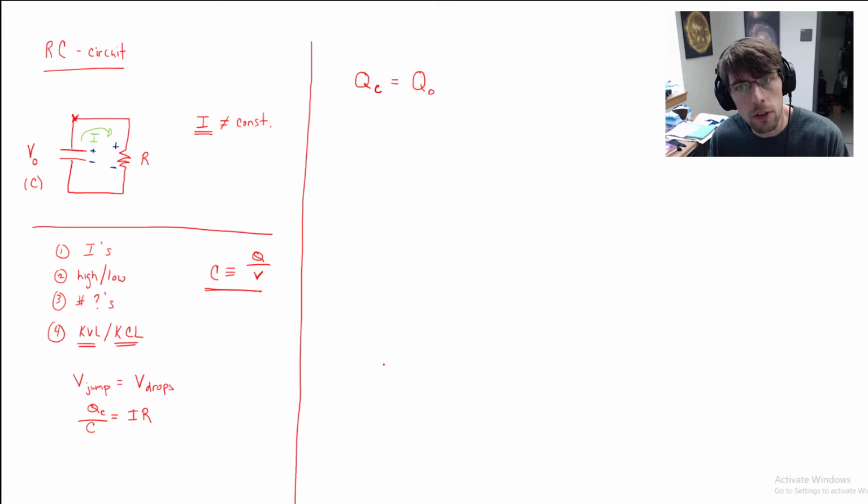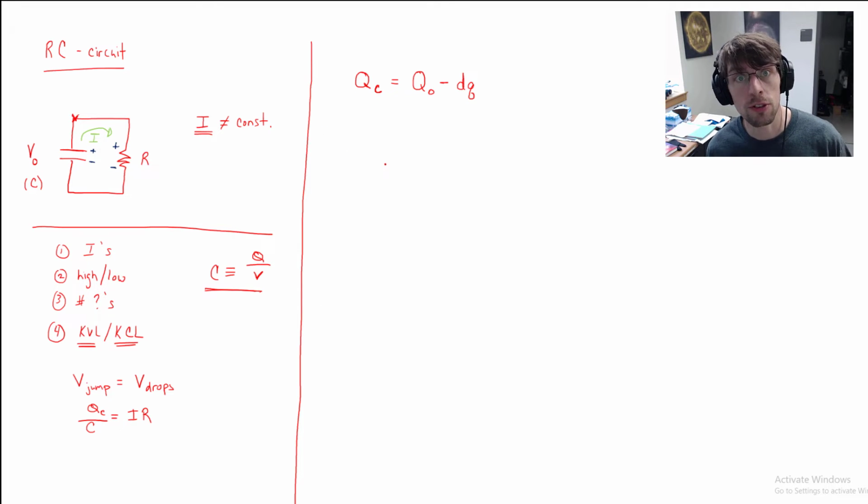There goes one, there goes another, there goes another. You could say that the charge on the capacitor is the initial charge, the starting charge, minus, and you probably see where I'm going here, some little tiny charge that I remove. I guess I'll call it dq. Is that okay so far? Good.